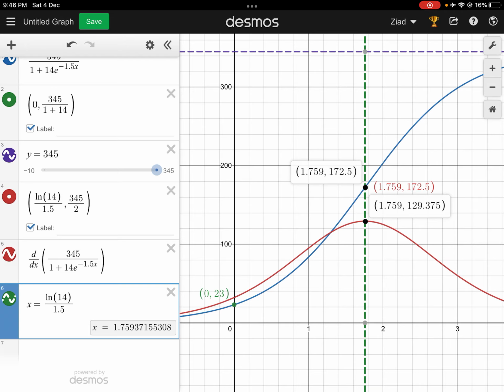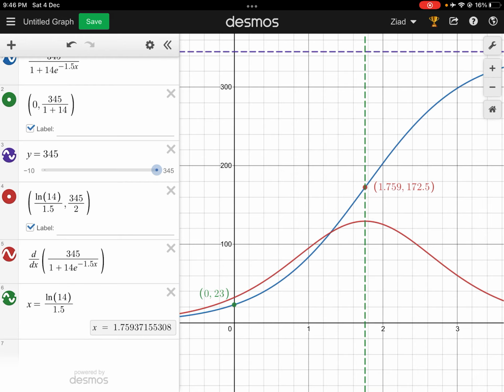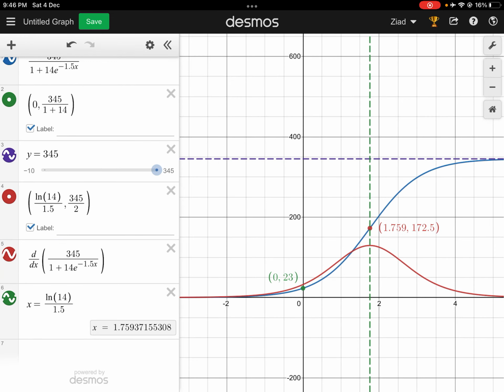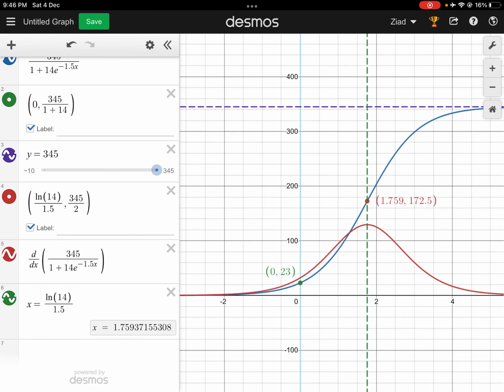That's why it's an inflection point of the blue, because it's a maximum of the red. The red is the derivative, and inflection points, you get them from derivatives of derivatives. Because it's a maximum of the derivative, it will have slope 0. And if the slope of the derivative is 0, it means that the second derivative is 0, and that's why you get an inflection point. Very nice.